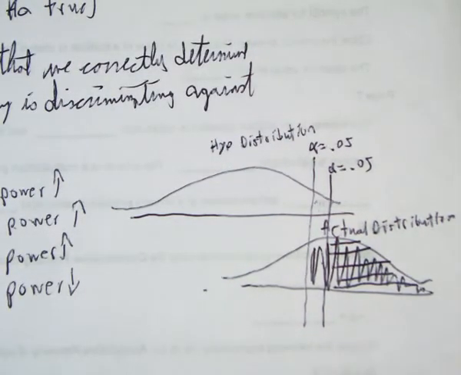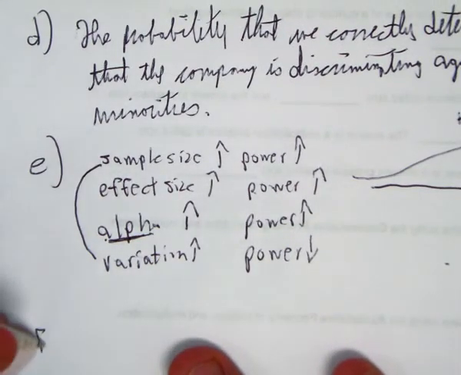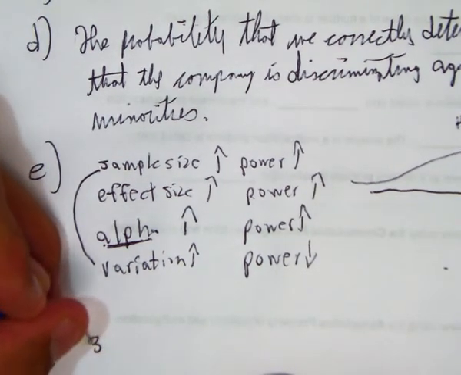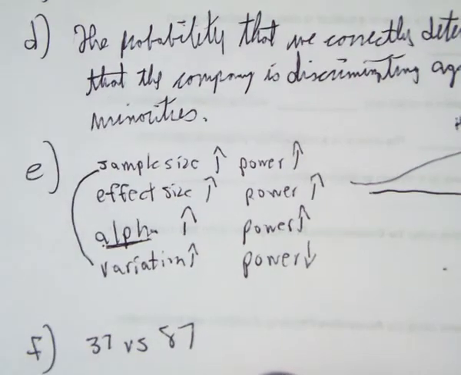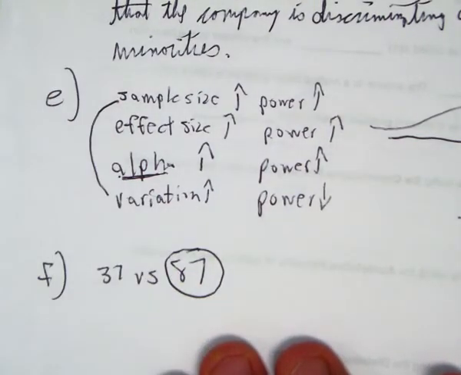Then the next question says the lawsuit is based on the hiring of 37 employees. Is the power of the test higher than, lower than, or the same as if it were based on 87 hires? I think this is fairly intuitive. If you have 37 versus 87, you obviously have more evidence with a sample size of 87.